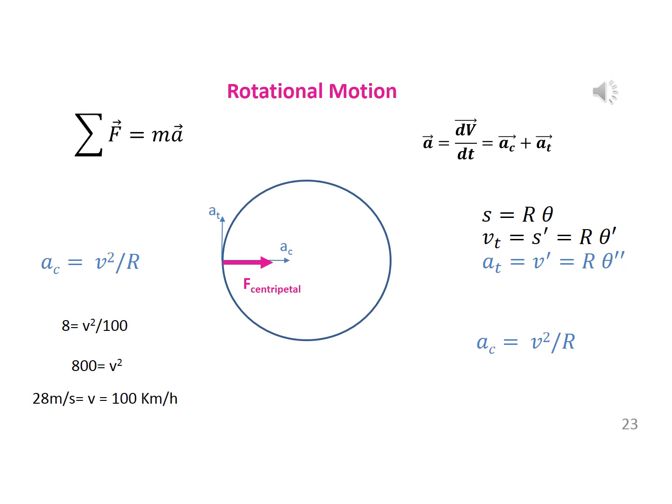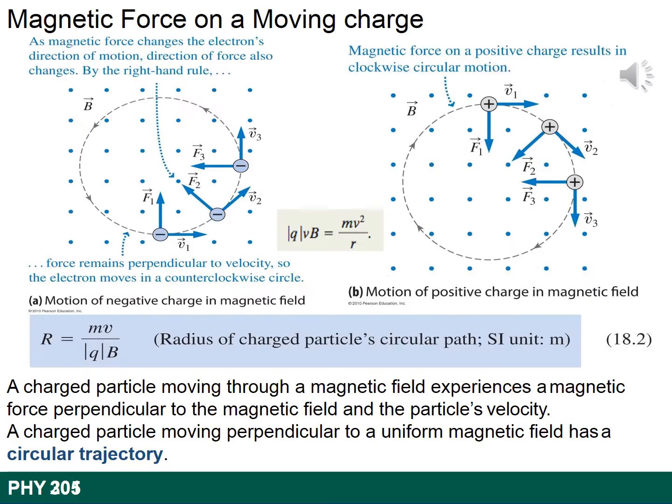I replace 8 meters per second squared in place of AC and I replace R with 100 meters. So I can find V, it is around 28 meters per second, which is 100 kilometers per hour. So I put a sign for the buses and cars that you cannot surpass this velocity. If you do, the bus would fall.